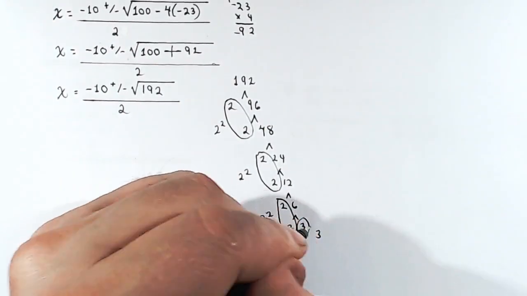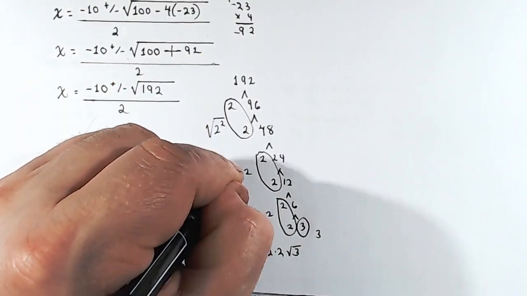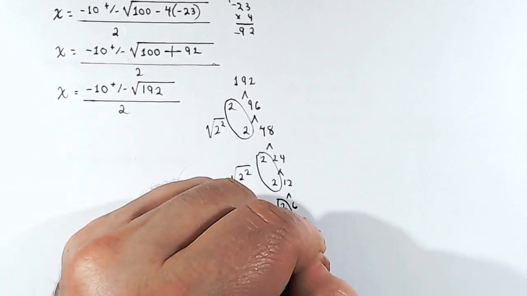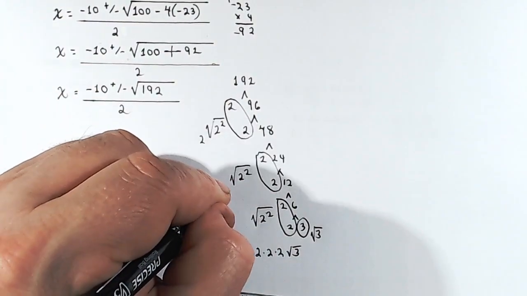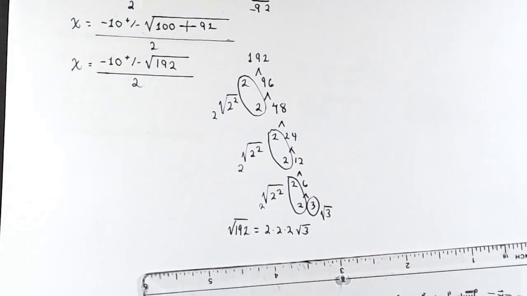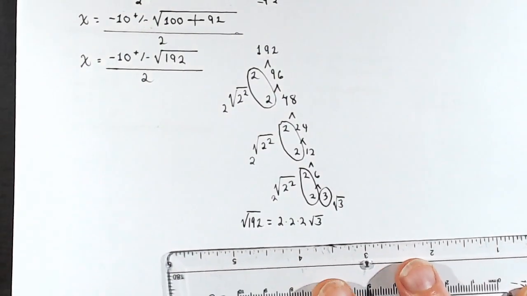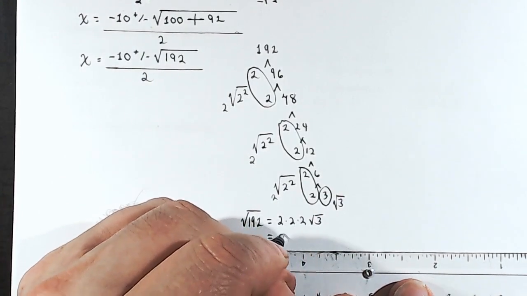So you just multiply them all together under the square root, and the square root of something squared is just that thing, and then the poor little 3 is left inside. So the square root of 2 squared is 2, three times over. So the square root of 2 times 2 times 2 times 2 times 2 times 2 times 3 is 2 times 2 times 2 times square root 3, which simplifies down to 2 times 2 is 4 times 2 is 8, 8 square root 3.